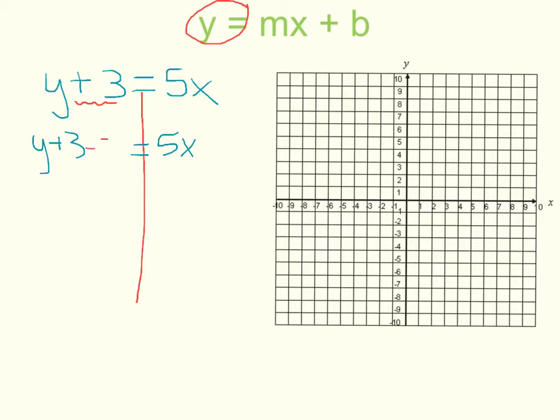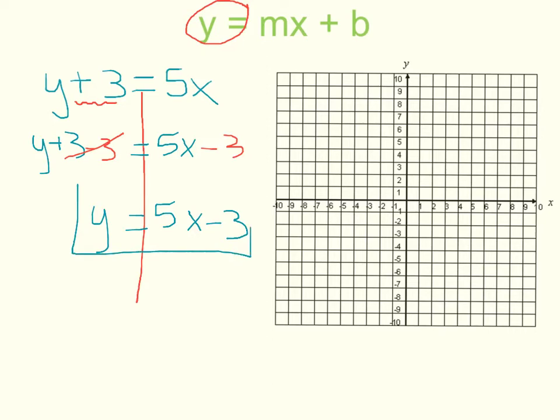I'm going to subtract 3 on both sides. So here they cancel. y equals 5x minus 3. You cannot simplify any further, you cannot combine like terms. But here, by doing that one step, we have now written our linear equation in the proper form, mx plus b, and now we can graph it.